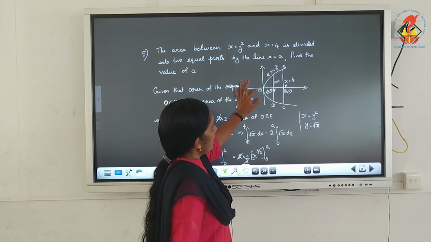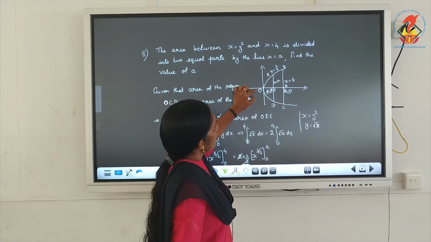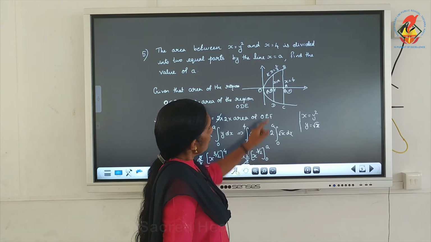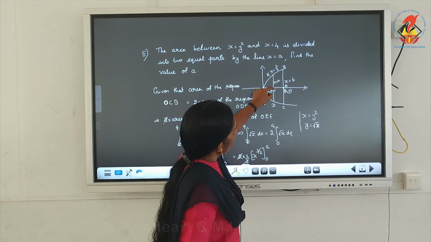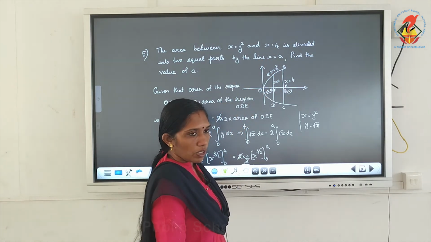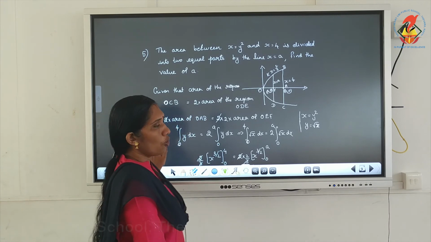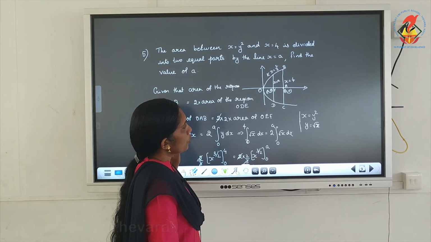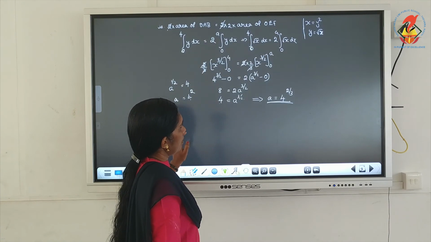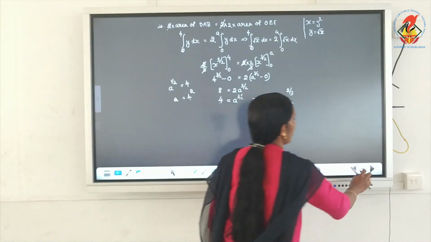So we can write area OAB is the same as 2 times area OFE, or you can take 2 times area FABE, that way also you can do. Then integrate. So integral 0 to 4 is 2 times integral 0 to a, and y is the same in both cases. So a is equal to 4 raised to 2 by 3.